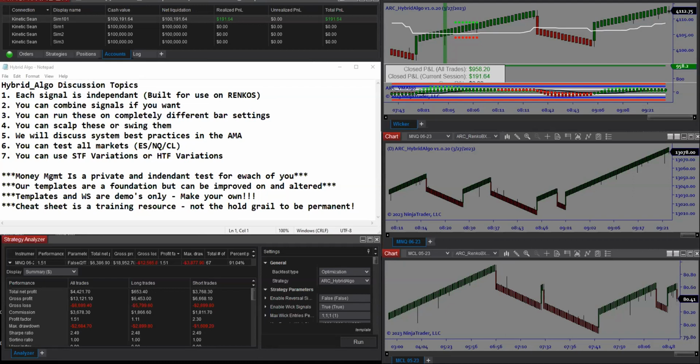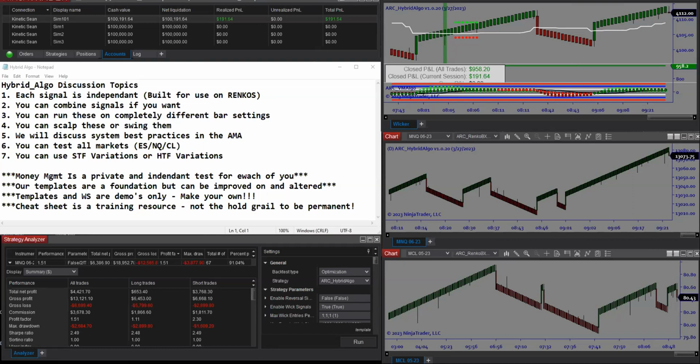Well, it's not a question, it's a poll, Russell. You should see the poll pop up on your screen. It says, what is my favorite market to trade? The ES, the NQ, or crude oil, or other? And if you don't see the poll, it's probably because you're on a mobile device or maybe you're not able to see it. But if you want to let me know if it's the S&P, the NASDAQ, or crude oil.